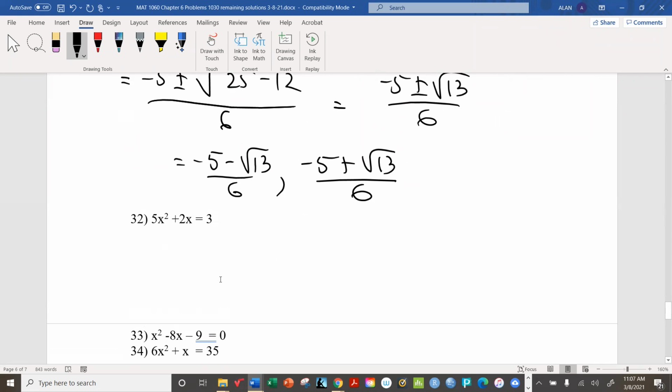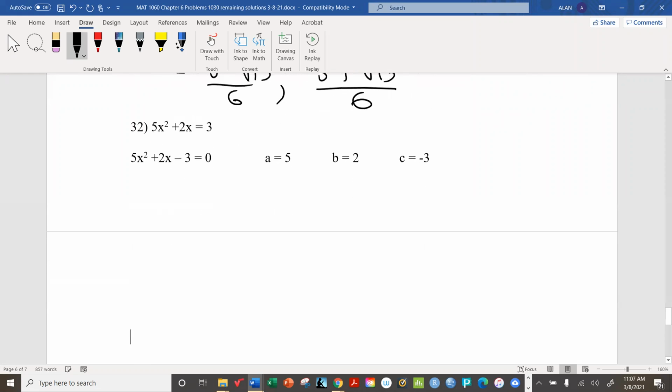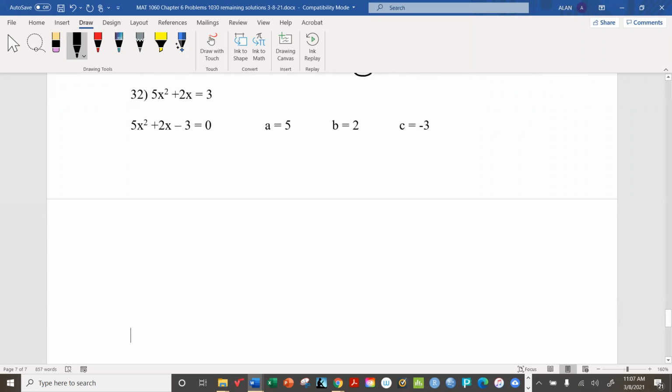Now, this one, we have to rearrange it slightly again, by subtracting the 3 from both sides. So now we can see that A is 5, B is 2, and C is -3. Let's plug that into our favorite formula in the world, the quadratic formula.